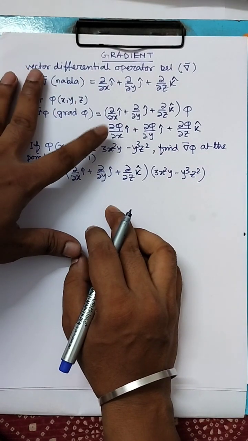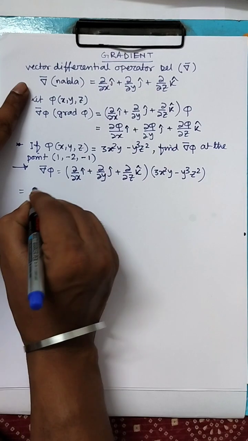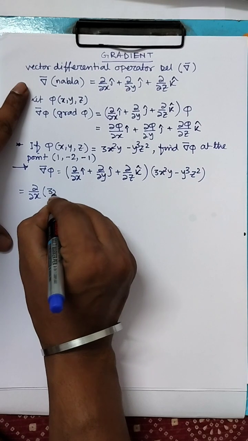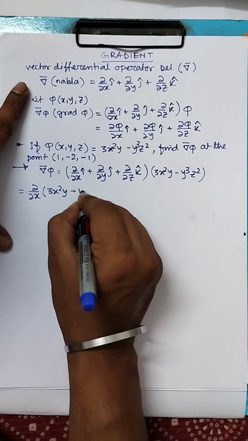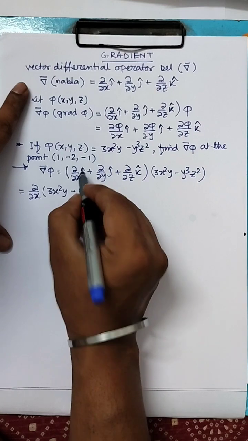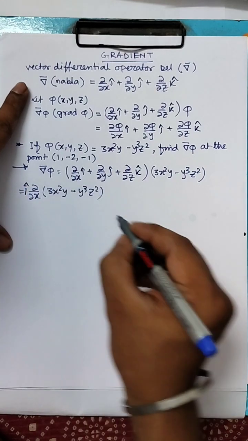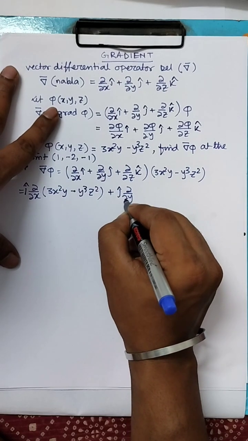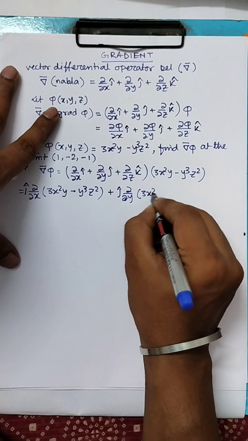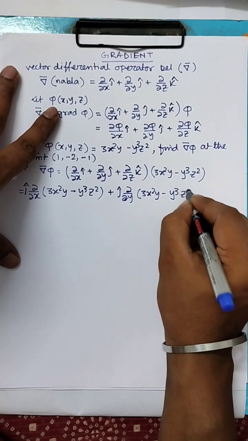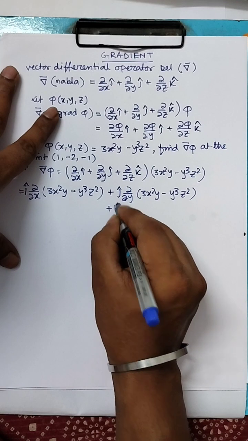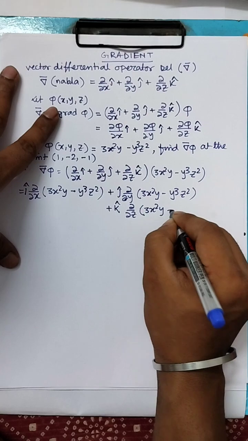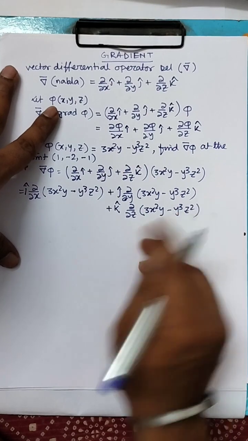Now, according to this formula, we can write ∂/∂x of (3x²y minus y³z²) i, then j ∂/∂y of (3x²y minus y³z²) plus k ∂/∂z of (3x²y minus y³z²).